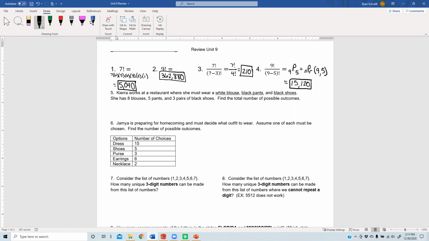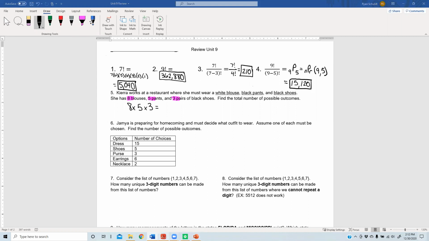You just simply take what they give you. So the 8, the 5, and the 3, and you multiply them together. This is because of the fundamental counting principle. So 8 times 5 times 3.